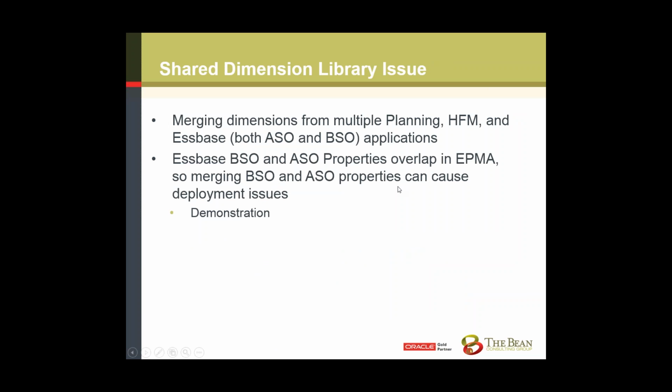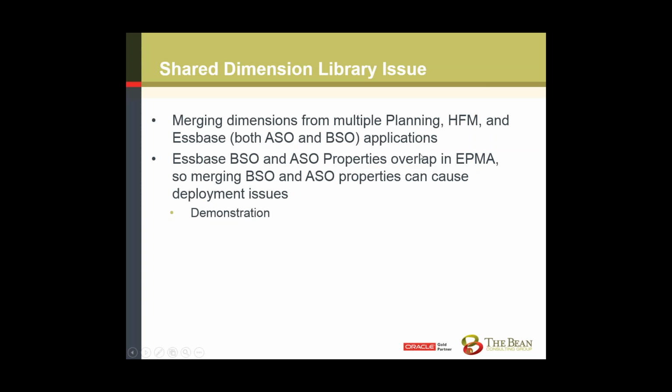Then the last issue that we ran into had to do with the shared dimension library. We're merging all these dimensions together into our shared library. And again, as I mentioned, we had multiple planning applications that had dimensions being managed within each of those planning applications, an HFM application, and both ASO and BSO Essbase applications.